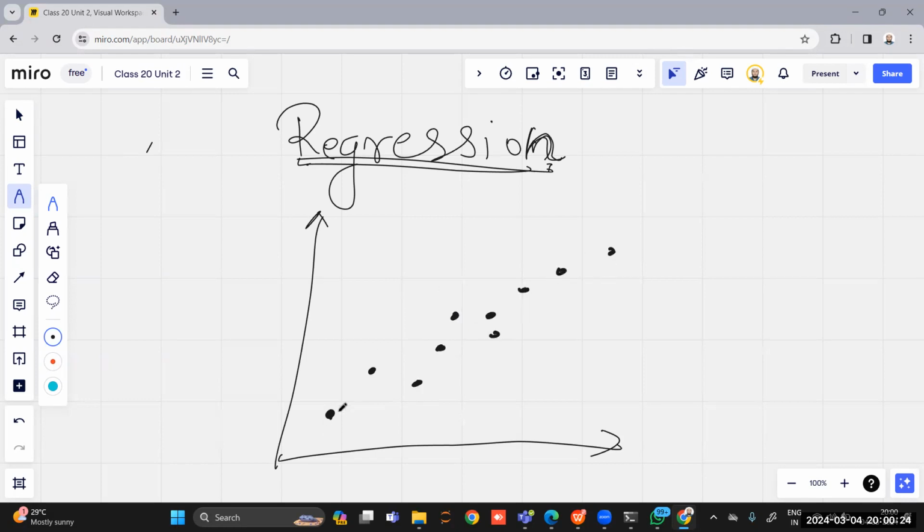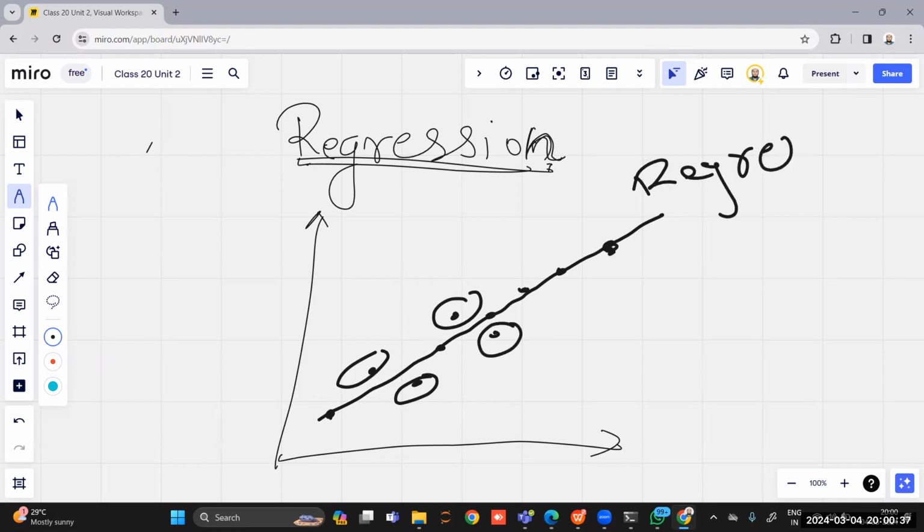We can see that these points are lying in a straight line, so I'll draw this line. There are some points which are lying outside the line, but we don't care about that in a regression line. This is a regression line.